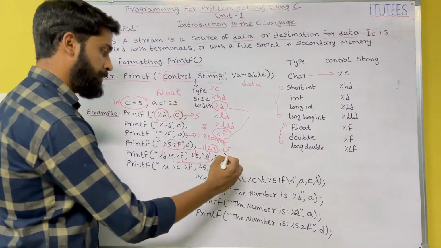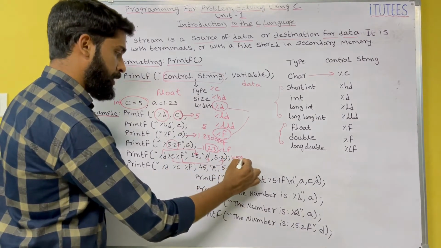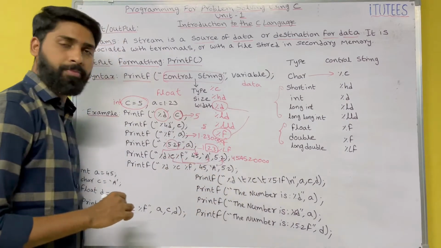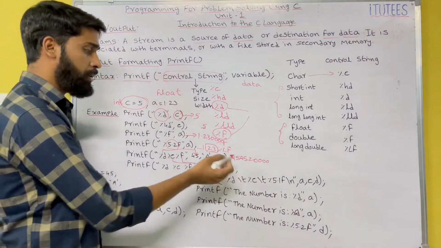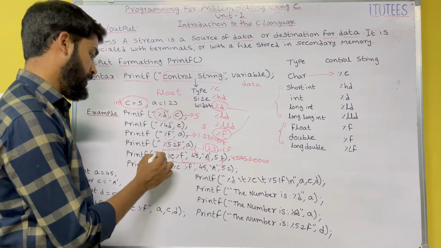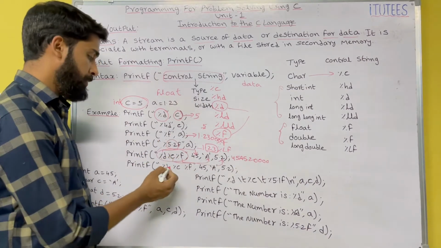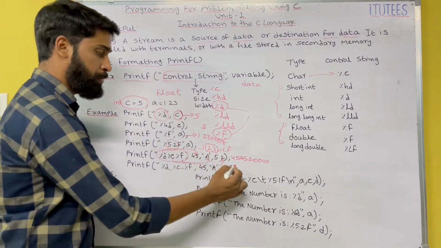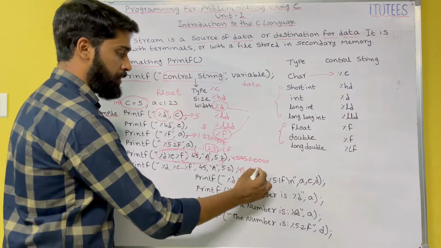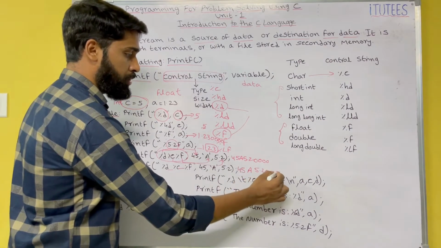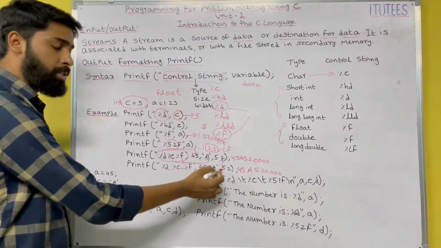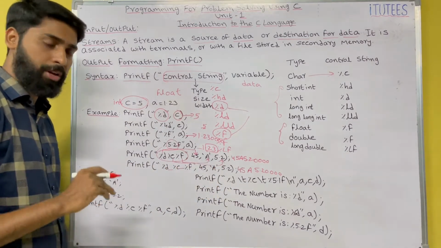The output is 45, a, 5.2 and here we don't give any spaces in the control string. If we give spaces, then it displays 45 space a space 5.200000.